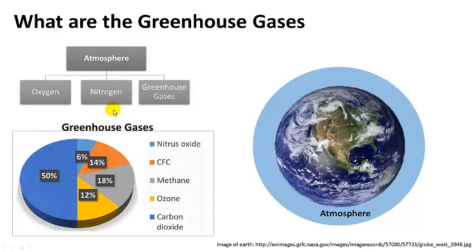We have an atmosphere made up of largely nitrogen, about 78%, a significant amount of oxygen, about 21%, a lot of argon, and then small constituents of these greenhouse gases. Small, but they play a significant role. Roughly speaking, the greenhouse gases are made up of 5 major components, carbon dioxide being the largest of these, but a significant portion being ozone, methane, various kinds of CFCs or chlorinated fluorocarbons, and nitrous oxide.